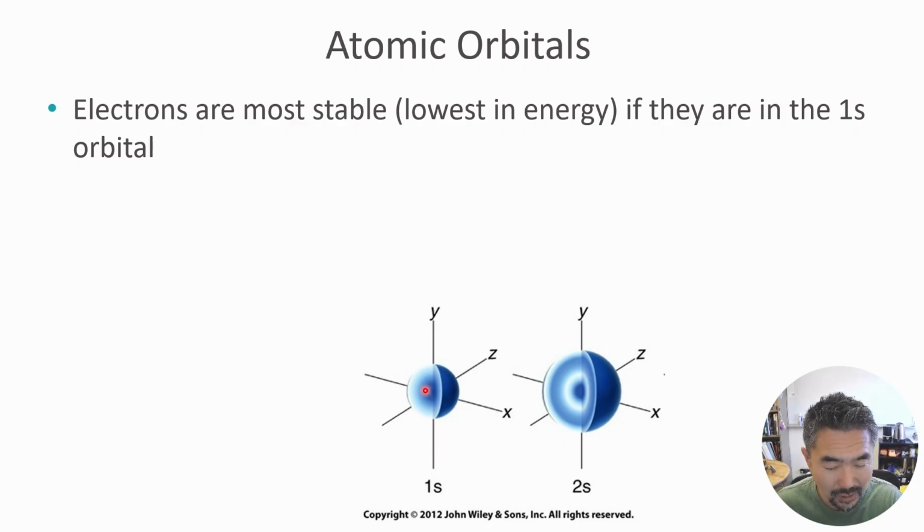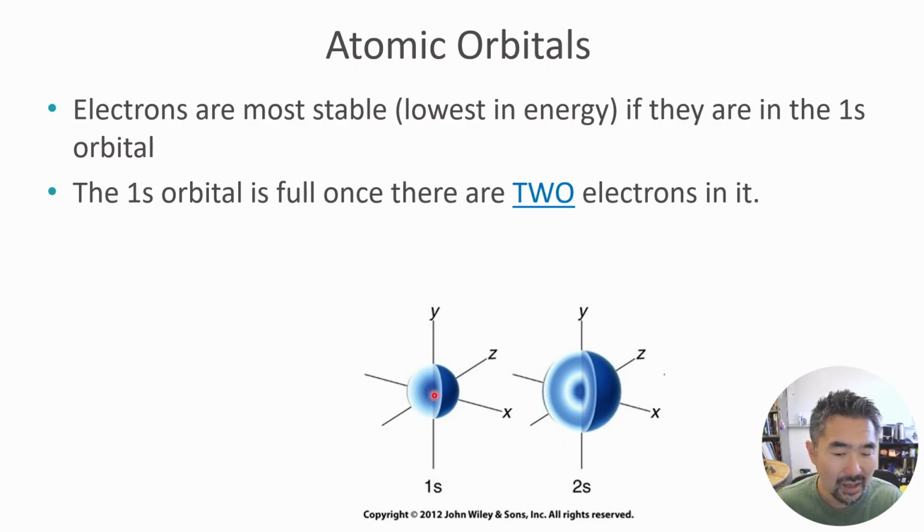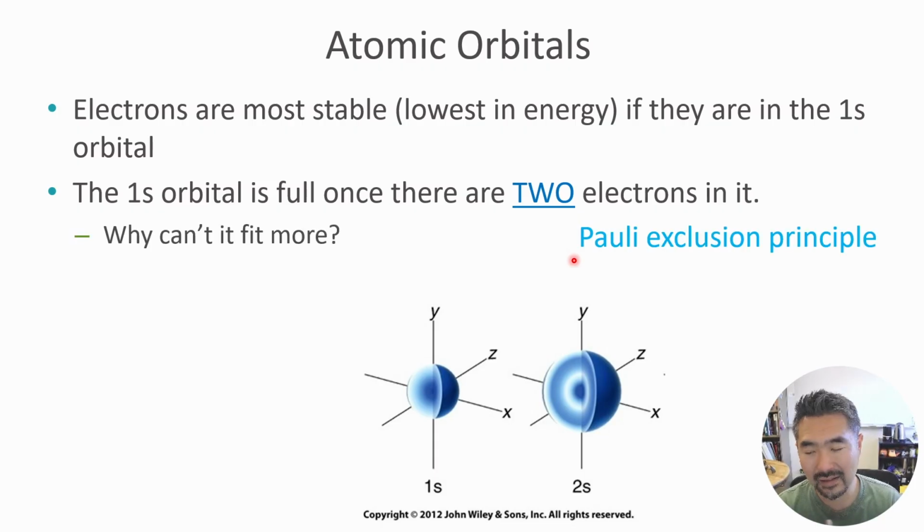The hydrogen 1s orbital is the simplest, and remember each orbital can hold 2 electrons, and that's it, because anything more than that would be a violation of the Pauli exclusion principle. Remember that says 2 electrons cannot have the exact same set of quantum numbers.